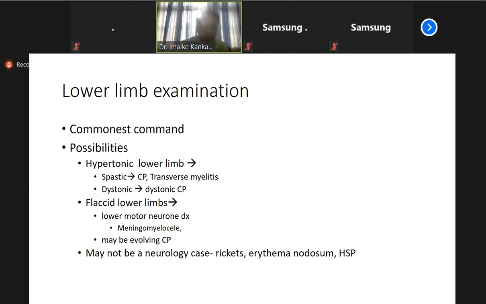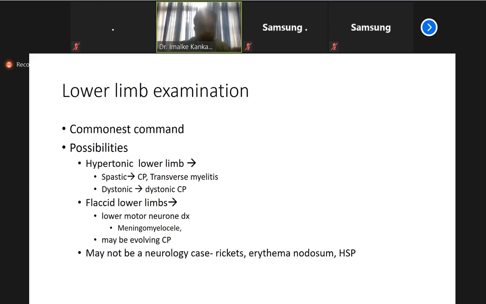Then the lower limbs could be flaccid. So it could be lower motor neuron type anything. It could be myopathy, neuromuscular junction disorder, or neuropathy. Maybe involving CP, also you can have flaccid lower limbs, right?